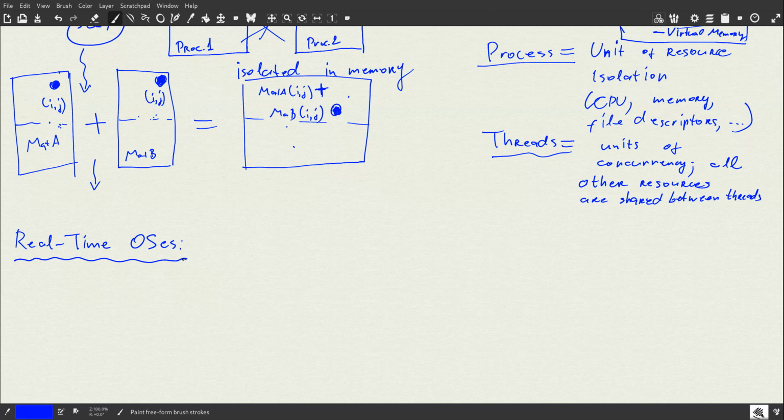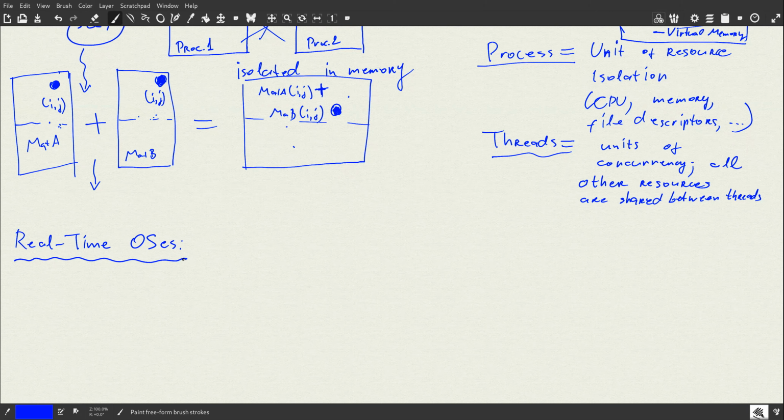Now, from your experience, is Linux a real-time operating system? No. In general, no, although Linux evolves to be a real-time operating system. What are typical examples when you really know that it is not real-time?